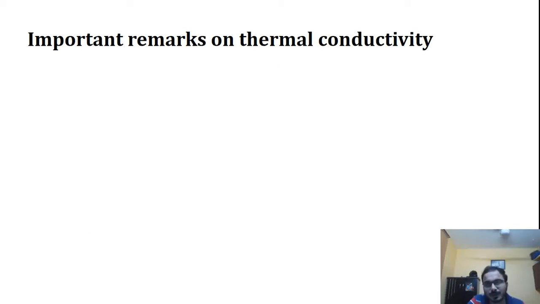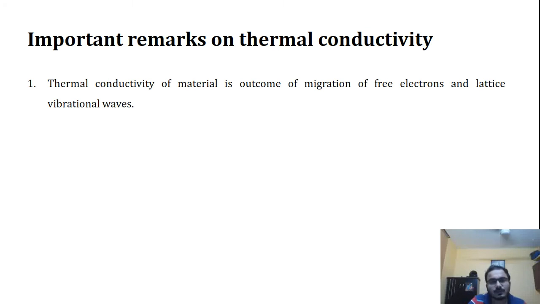Now there are a few important remarks on thermal conductivity which we will see one by one. First is, thermal conductivity is the outcome of migration of free electrons and lattice vibrational waves. So thermal conductivity is due to two reasons.